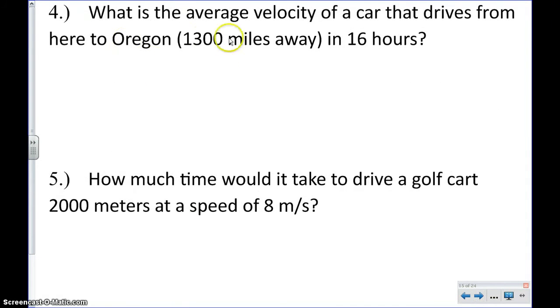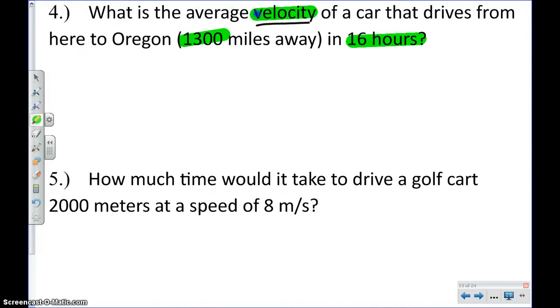All right, what is the average velocity of a car that drives from here to Oregon, 1,300 miles away, in 16 hours? So what we need to do is identify what we're looking for. And wow, that is not a highlighter. How come that's not a highlighter? 1,300 miles in 16 hours, and I'm looking for the velocity.